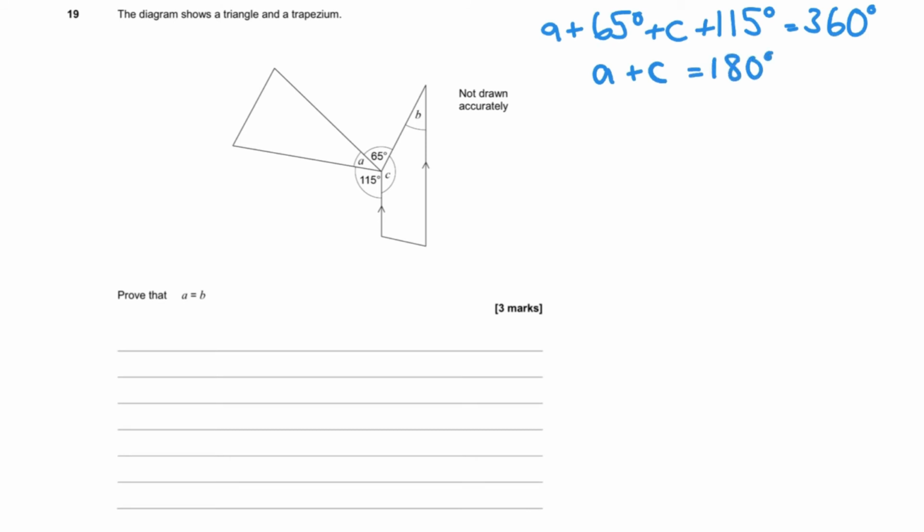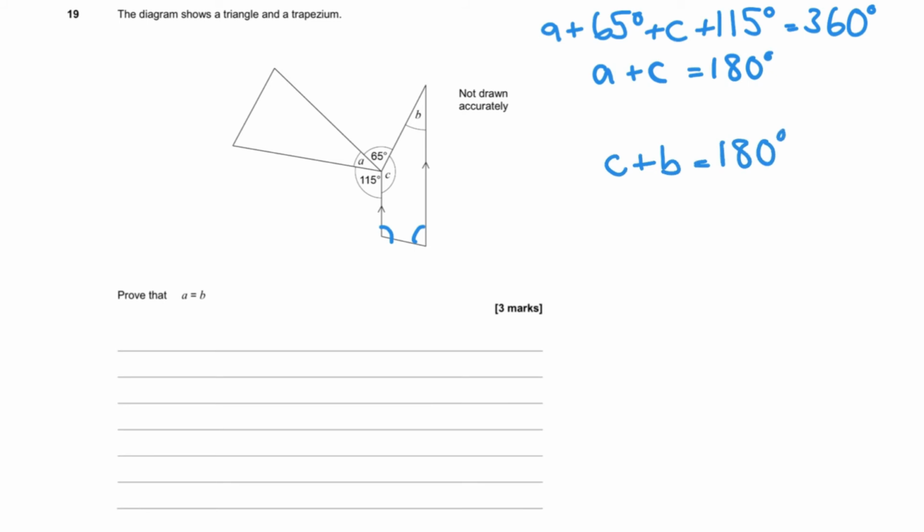We can also see here that we've got 2 parallel lines. So these angles down here are our allied angle rules, so they add up to 180 degrees. So if all of the angles inside our quadrilateral equal 360 degrees, but the bottom 2 angles are already 180 degrees, then we can say that C plus B, the other 2 angles that are left, must equal the remaining 180 degrees.